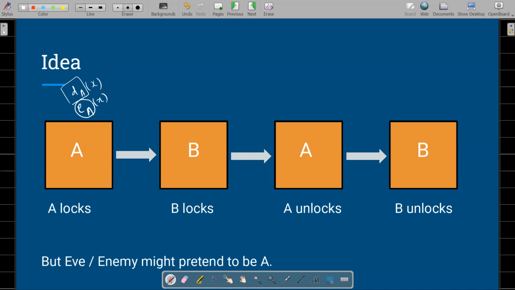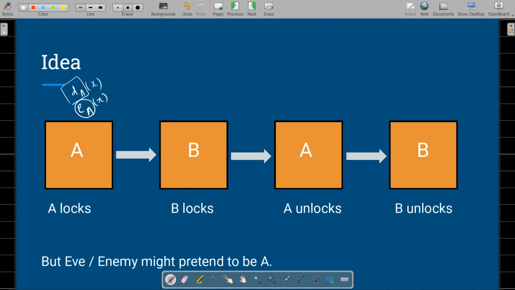And suppose the enemy pretends, "I am A," and wrongly sends some message to B, and B wrongly thinks that the bag has come from A. So we should know that it has come from A, not from somebody else. There should be some kind of identification that the lock is actually by A and not by some other person.